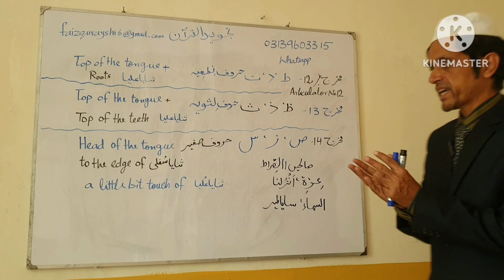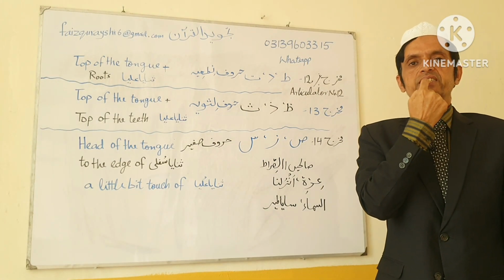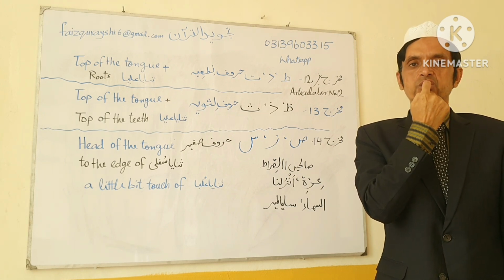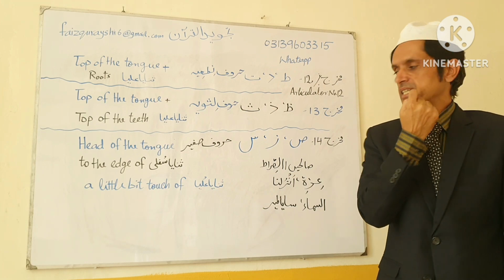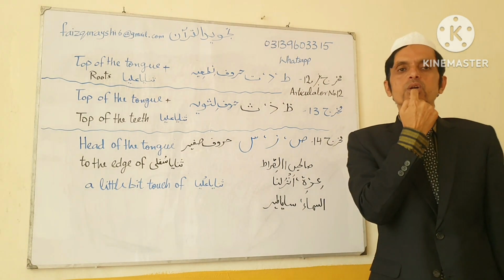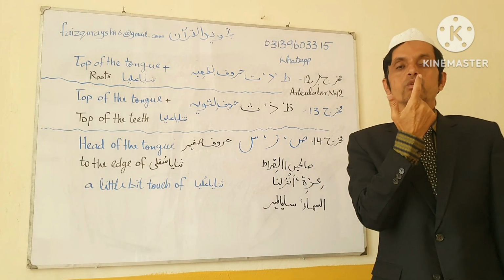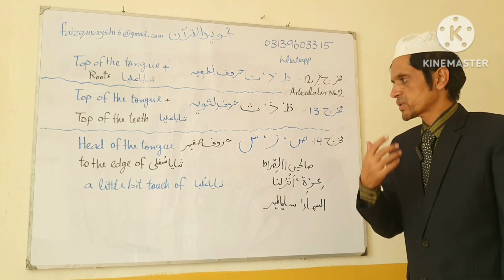So as a whole you can understand that when the head of the tongue touches the edge of the thanaya sufla down teeth, with a little bit of touch to the thanaya ulya, we articulate swad, swad, swad.